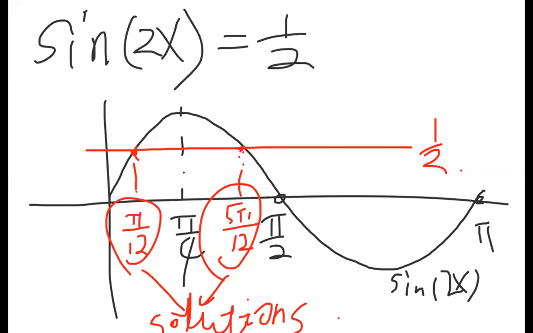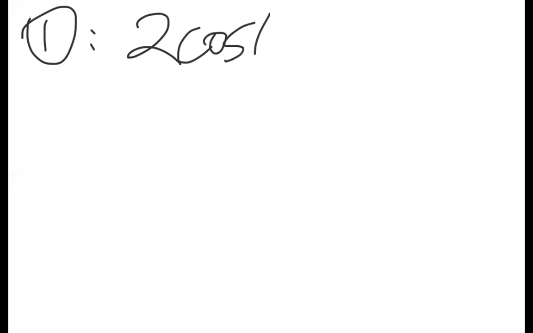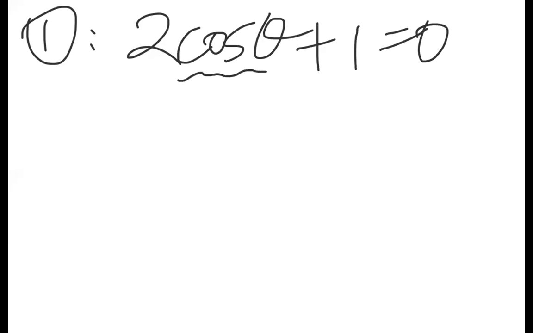So when you have some complicated trig functions, always reduce it to the form that we just did before, the simple form. For example, for the first one, if you have 2 cosine theta plus 1 equal to 0, you want to have cosine theta on one side of the equation.